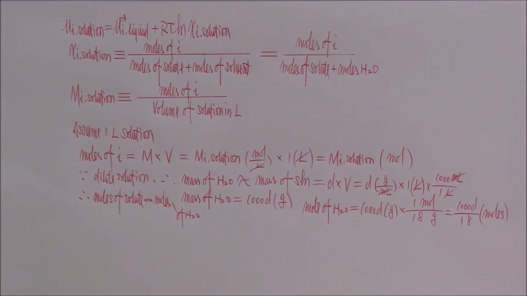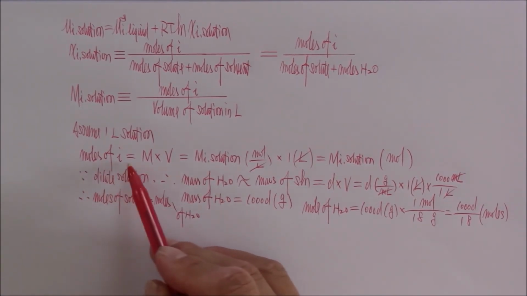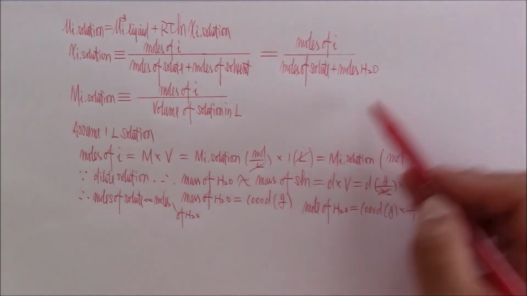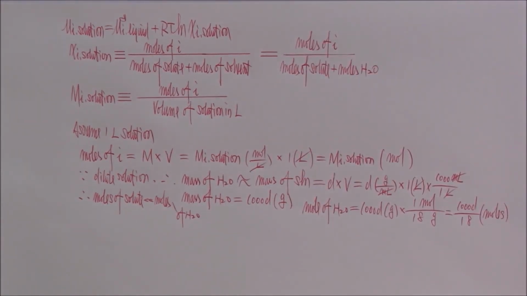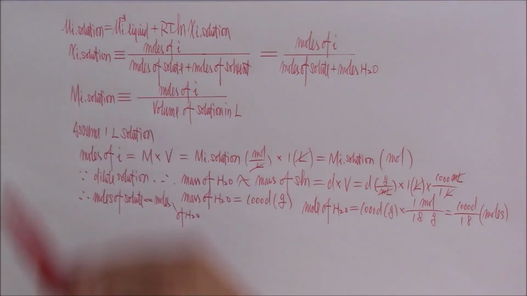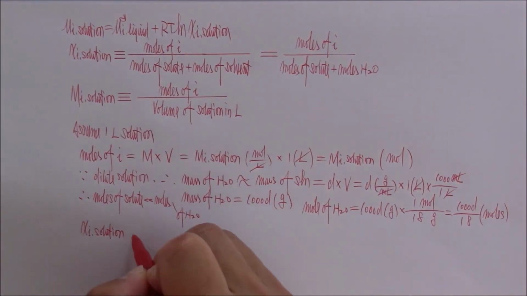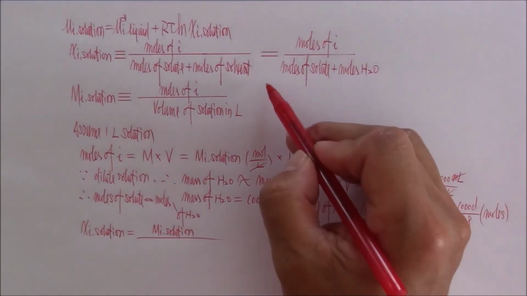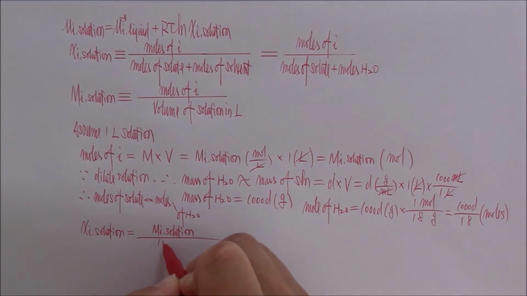Then we can plug the moles of component I and the moles of water into this equation. Then let's see what we get for the mole fraction of component I. Remember, we neglect moles of solute.